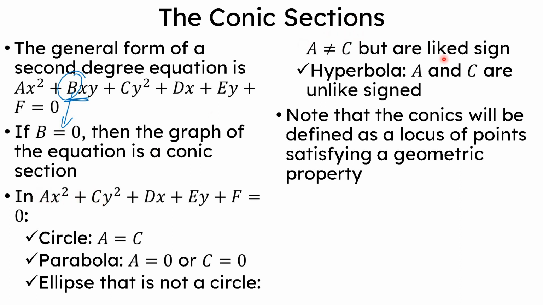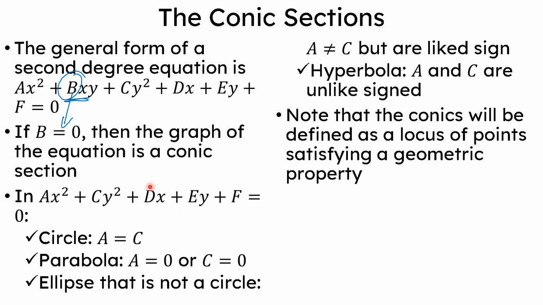A is not equal to C but are like signs, both positive or both negative. Once A and C are unlike signs, hindi na sila equal, for example, 2 and negative 2, or 3 and negative 5, then this equation becomes an equation of a hyperbola.